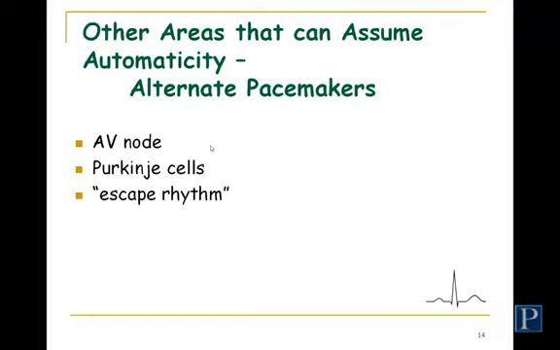Well, here's the scenario. If I have some sort of block in conduction from the SA node to the AV node, which is very, very common. If there was a block and I did not have the AV node assume the position of being a pacemaker, the ventricles would fail to contract, you would not be able to pump blood, and you would not last for very long.